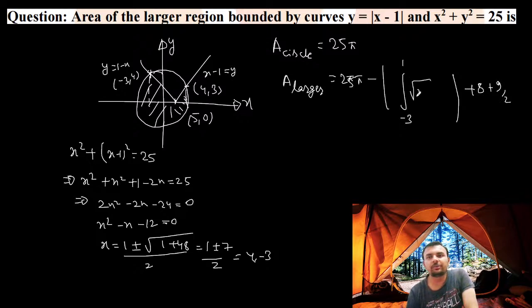We'll do integration from x equal to minus 3 to 1 root under 25 minus x square dx and plus 1 to 4 root under 25. 1 to 4, not 4 to 5.